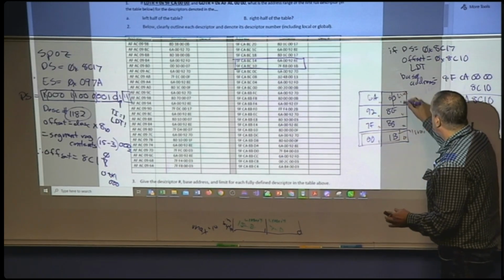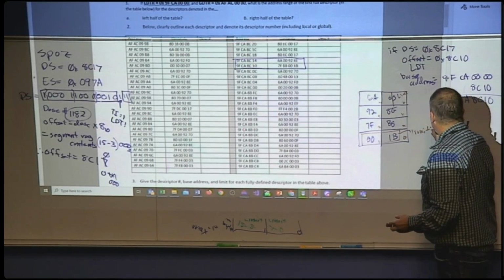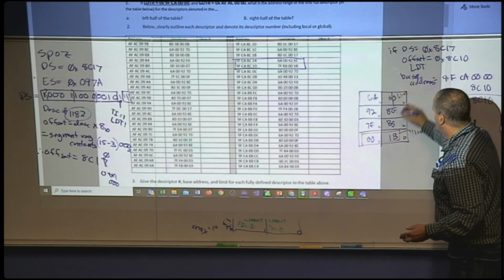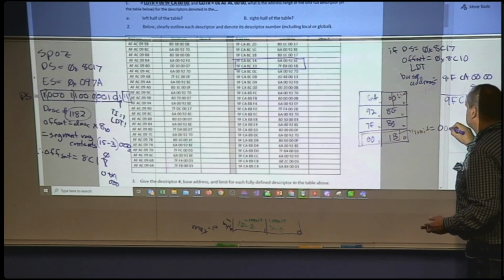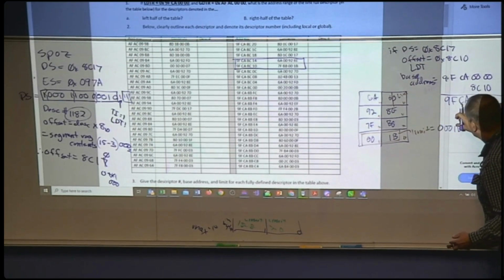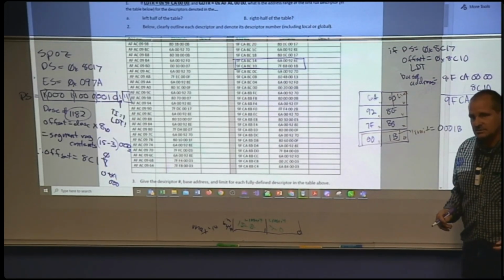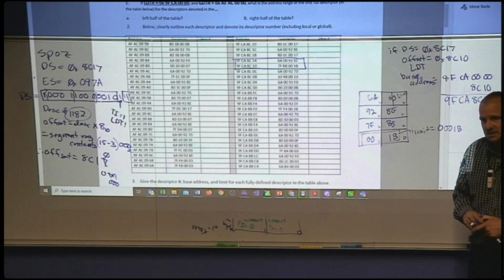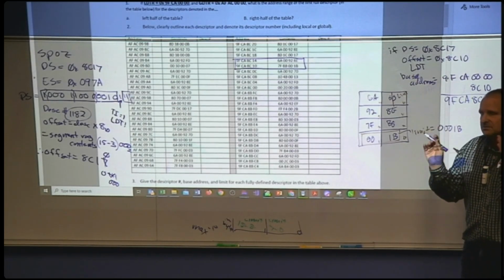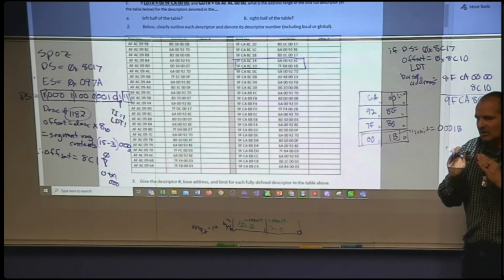So we concatenate 0, right, with the bottom row. In this example, this is our limit, in hexadecimal. It's the maximum value the offset register can hold.